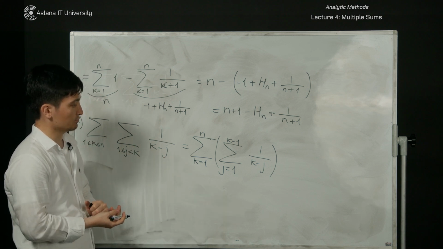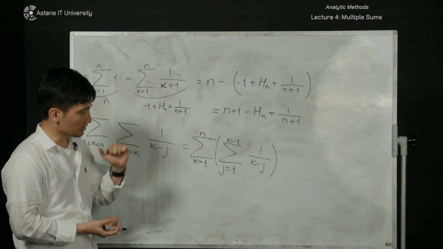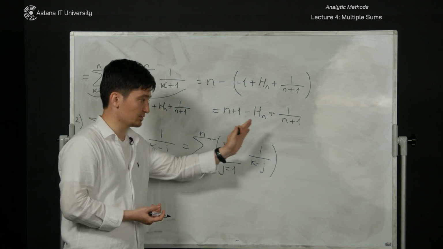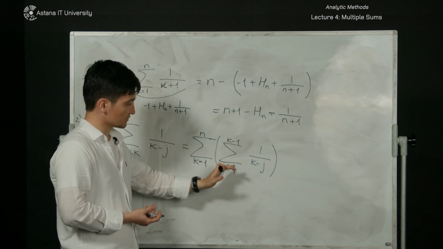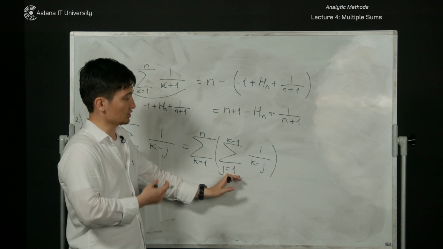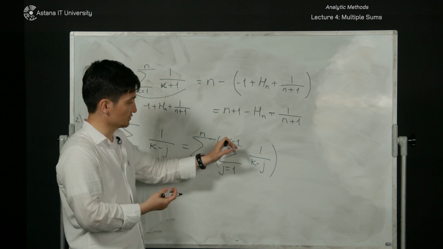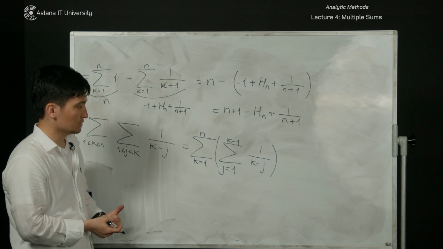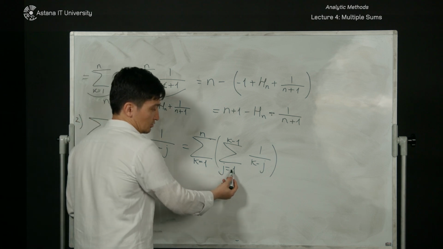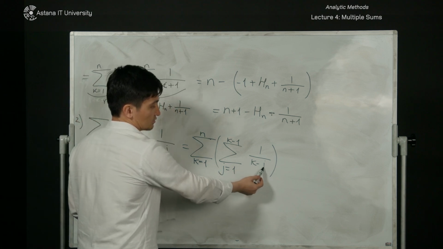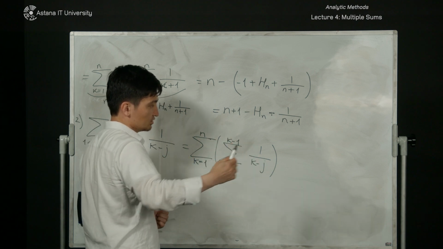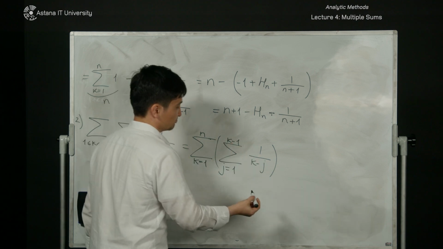So let's try to expand this. That is, when j equals 1, j equals 2, j equals 3, and so on until j equals k minus 1, we plug in all the values of j and see what we have for this sum.